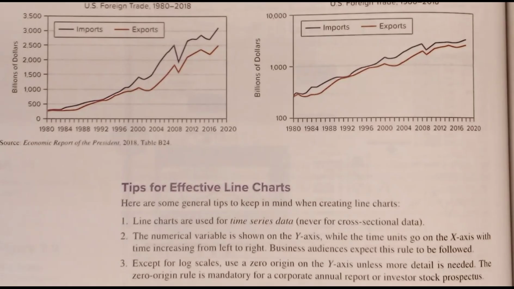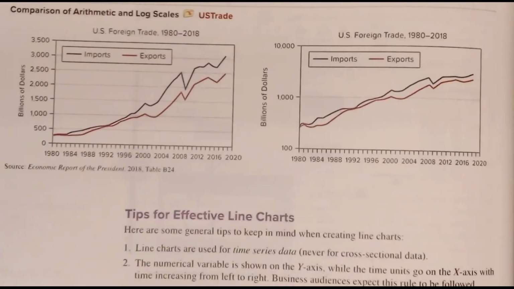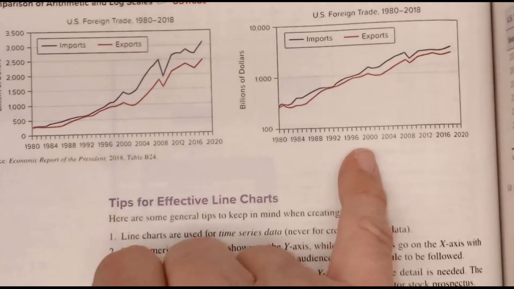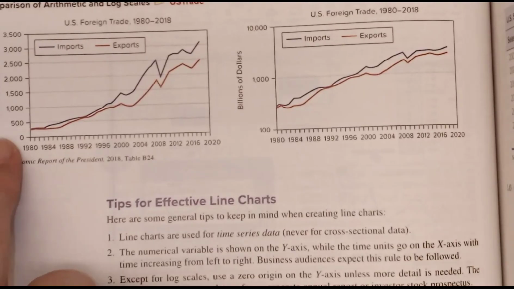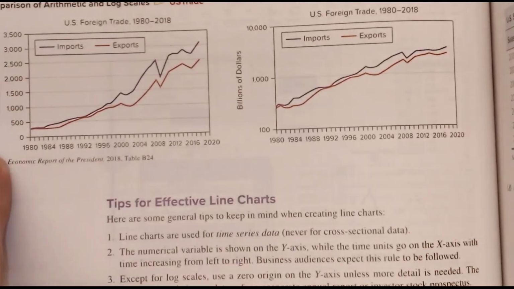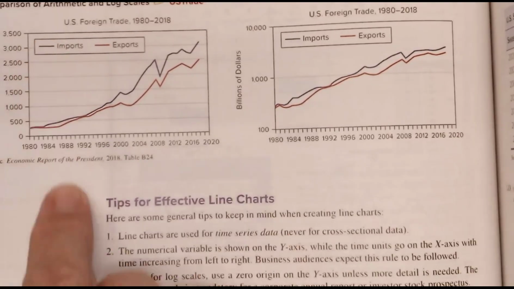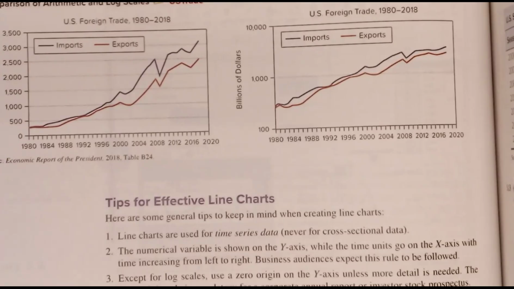Why do these two look so different? Well, it has to do with our choice of scale. The x-axes are exactly the same. But over here, we see these numbers jump up by 500 every time. So as I move up from line to line, they're an arithmetic distance apart.